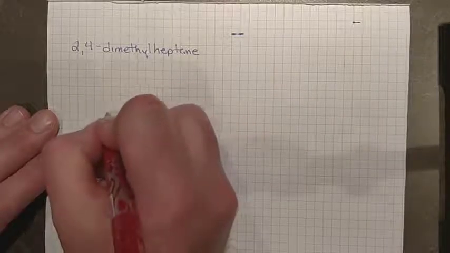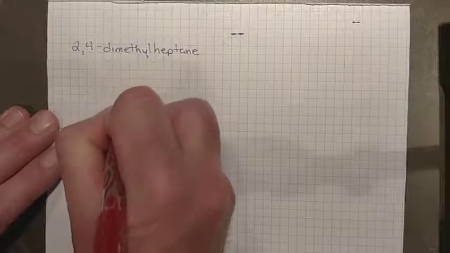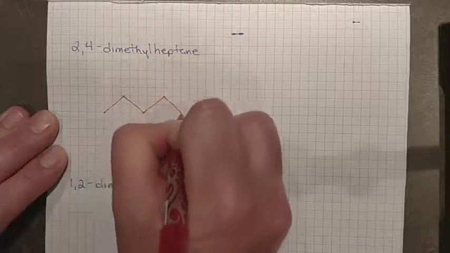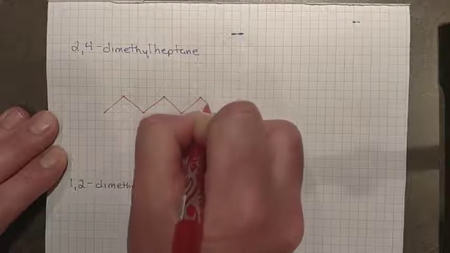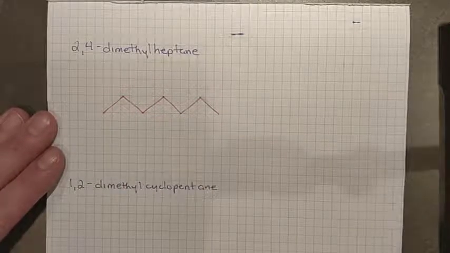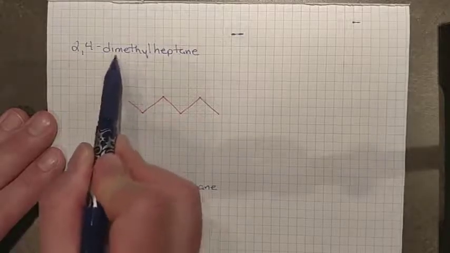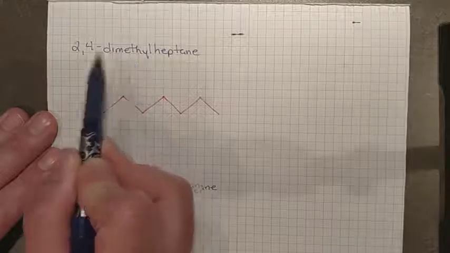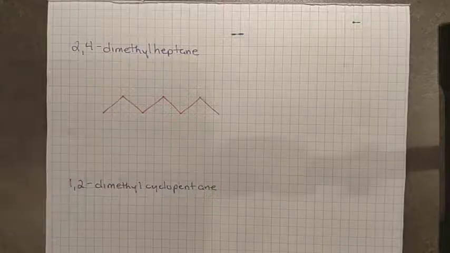So how about we do the line angle? There's 1, 2, 3, 4, 5, 6, and 7. Now I have to figure out where those branches are, and I can see in the name that there are 2 1-carbon branches, 2 methyl groups, and they are found at carbon 2 and 4.